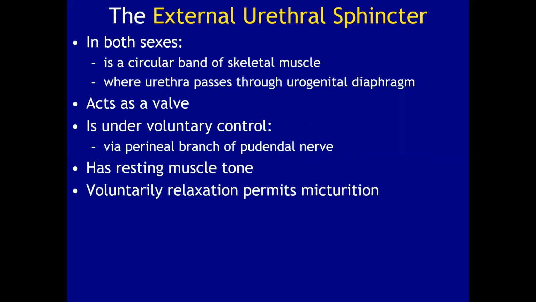So in both sexes, it has that band of skeletal muscle, the external urethral sphincter, and this is where the urethra passes through the urogenital diaphragm. This is about voluntary control. It's controlled by the pudendal nerve. It has muscle tone, and so a person has to keep the muscle in tone in order for it to work effectively.